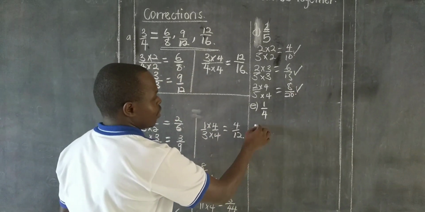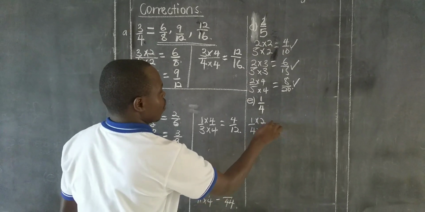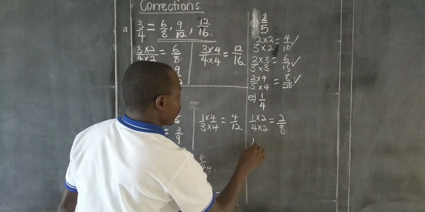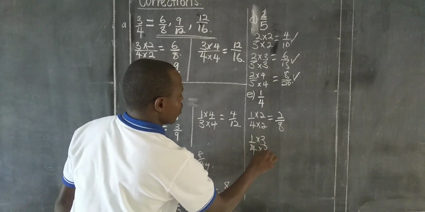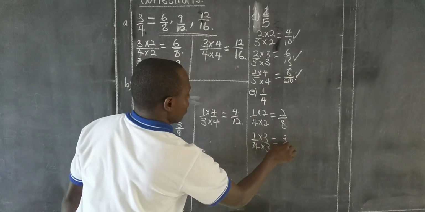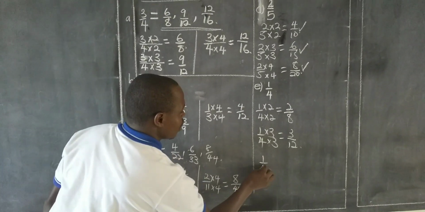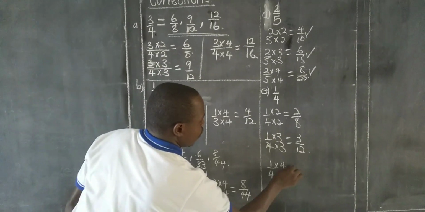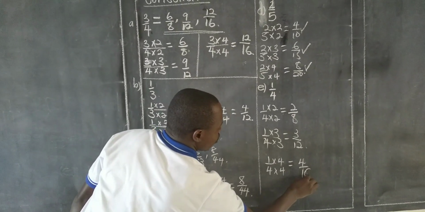Okay? Lastly, a quarter multiplied through by 2 will give us 2 out of 8. A quarter multiplied through by 3 will give us 3 out of 12. And then a quarter multiplied through by 4 will give us 4 out of 16.